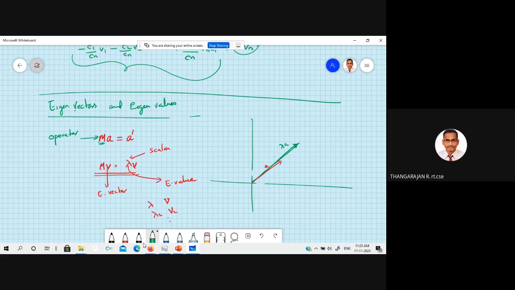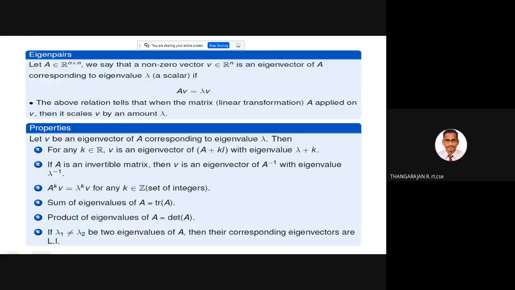Such operations are called eigenvectors and eigenvalues. They are very important in our machine learning algorithms, because those operations do not change the direction of the vector. They only scale the vector by an amount lambda. That's all.